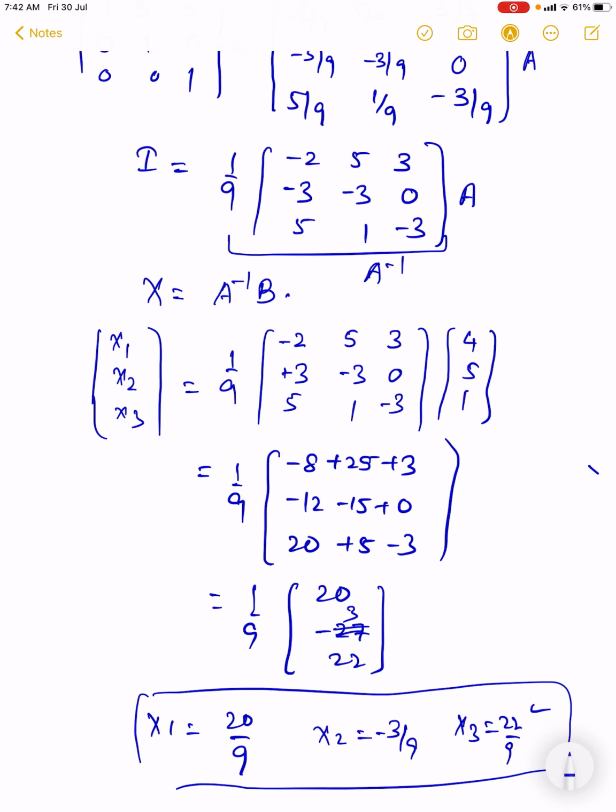That is the limitation of this method. If the number of equations and the number of variables are different, then we can apply another method called general solution of the linear equation system. We will study that in the next lecture.